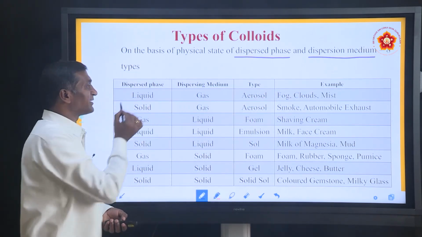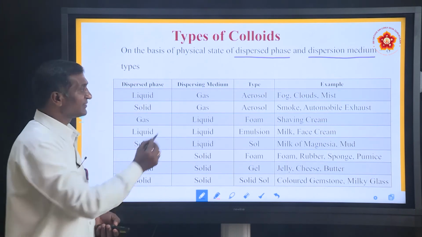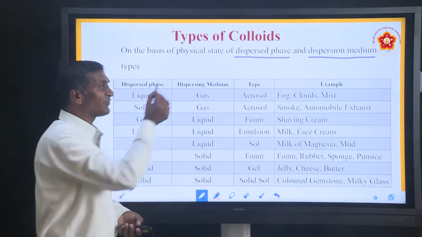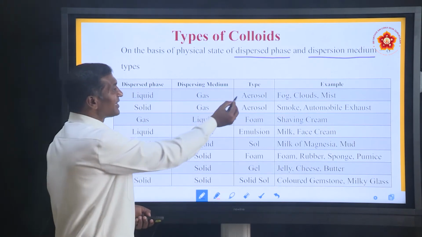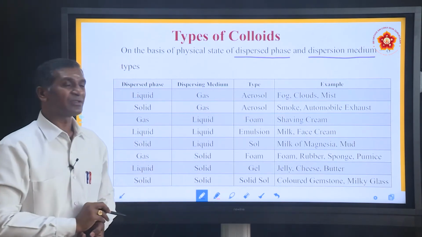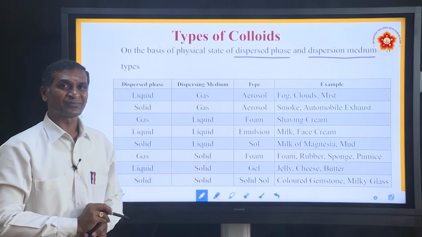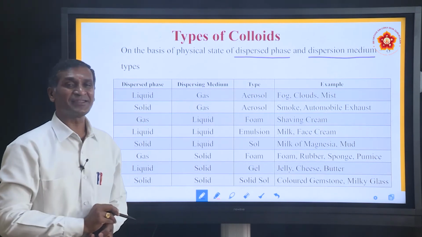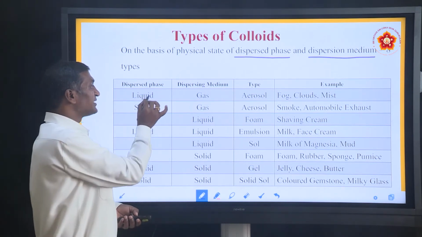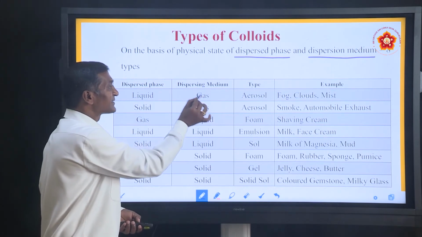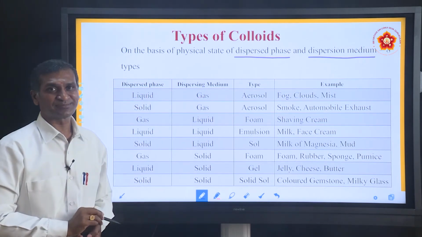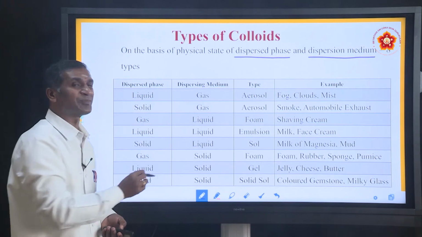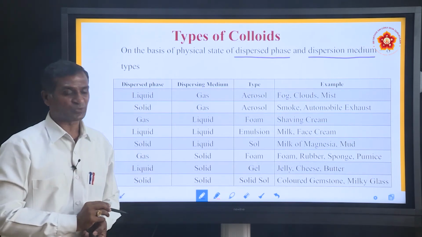So, if liquid is the dispersed phase and the dispersing medium is gas, it is an aerosol: the fog, the clouds and the mist. Liquid, gas, aerosol. Very important from the exam point of view also.